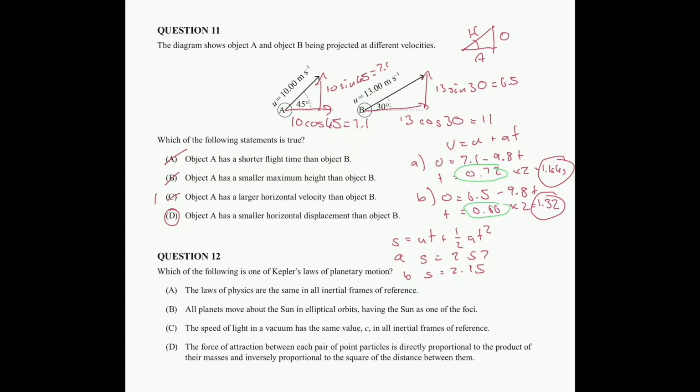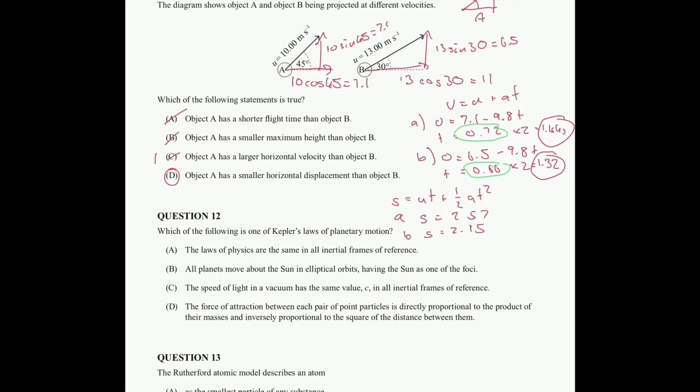Now, moving forward, question 12 is very much just a memory question again. All you've got to know is that for which of the following is one of Kepler's laws of planetary motion, is that all planets move about the sun in an elliptical orbit, having the sun as one of the foci.